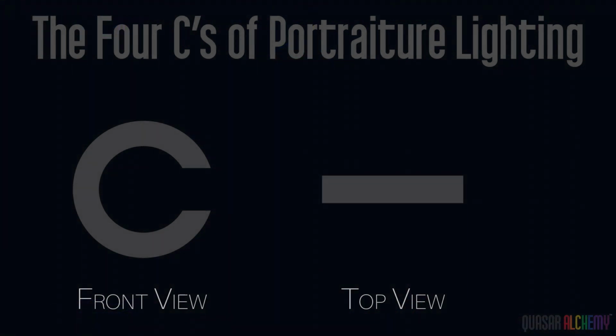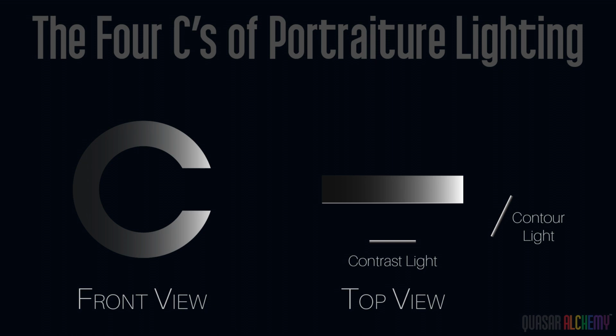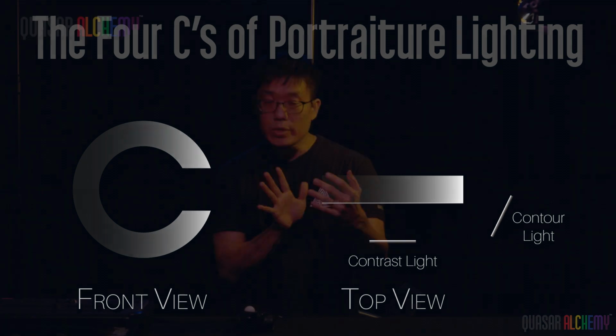We want you to get to the heart of the emotion and the story that you're trying to draw out from your subjects. So the way that we like to think about it is something called the 4 C's. The first C is contour, and contour has to do with defining the shape of the subject. The next C is contrast, where you modulate the mood and the feeling of the image based off the shape that you've created.